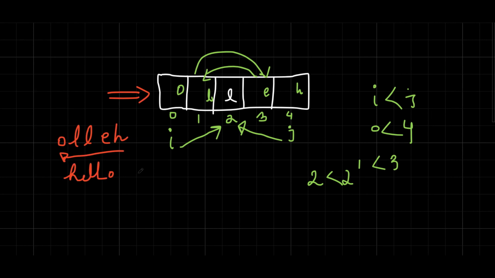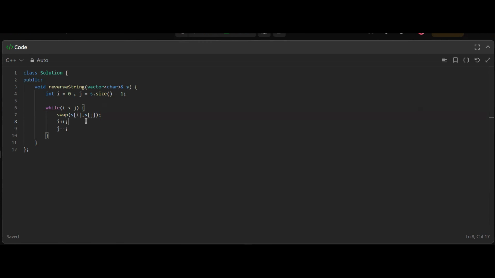I hope you understood the algorithm. Now let's move on to the code. In this problem, the code is very simple. At first, we are given a function reverseString, and the input is the vector of characters, and we are taking two pointers, which are I and j. Initially, I is pointing to the first character and j is pointing to the last character.